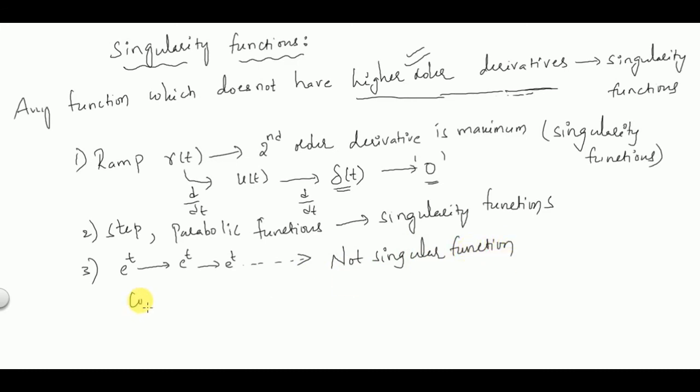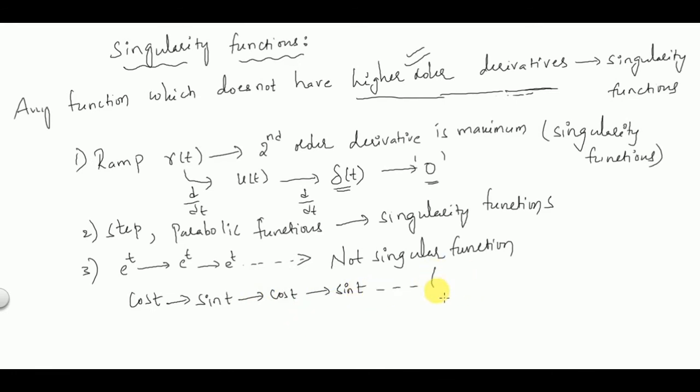Okay, one more example is cos t. For cos t, if you take the derivative, you will get sin t, irrespective of the sign. Plus or minus, whether the derivative is present or not is important, but not the sign. Again the derivative of sin t gives cos t, and again cos t gives sin t, and so on. So you get it an infinite number of times.